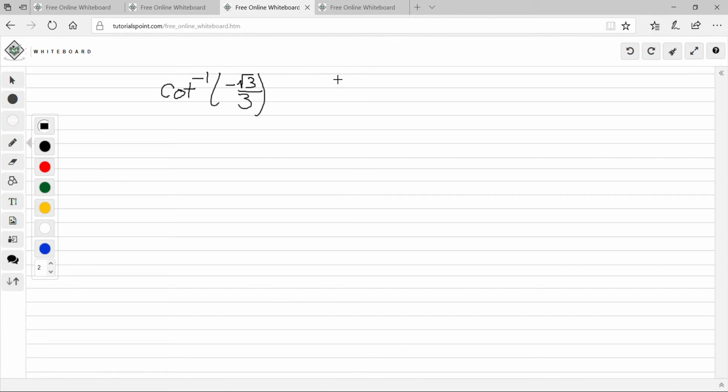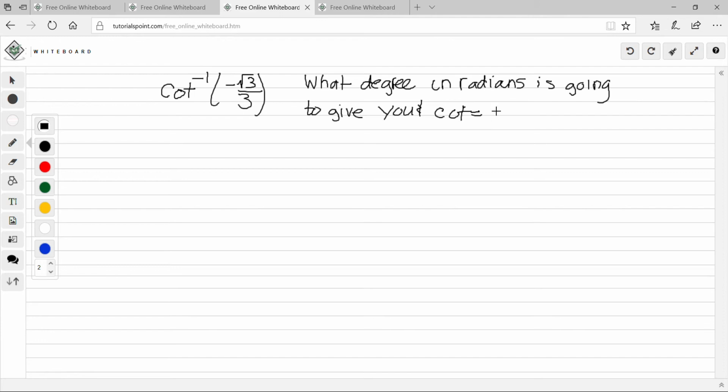So in words, what they're really asking is what degree in radians is going to give you cotangent, where cotangent equals negative root 3 over 3, where alpha is in 0 to pi.